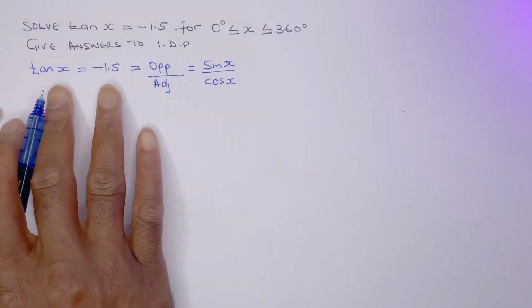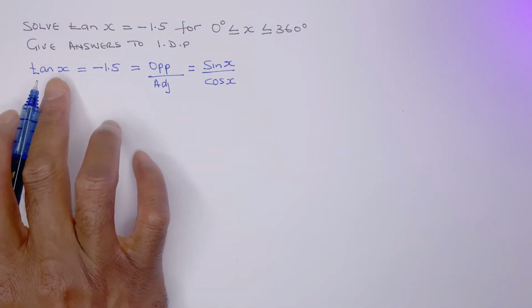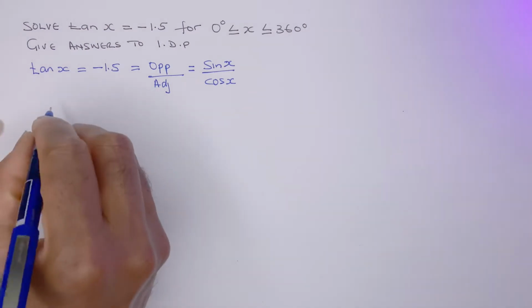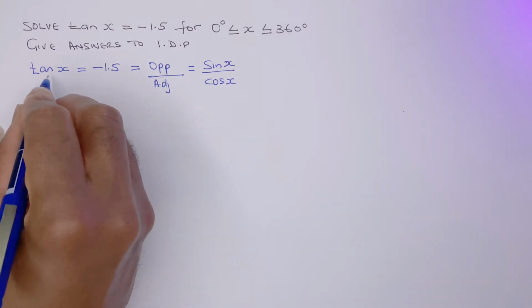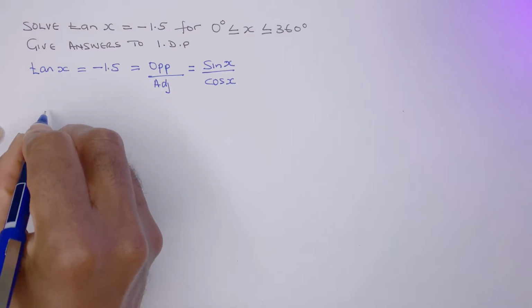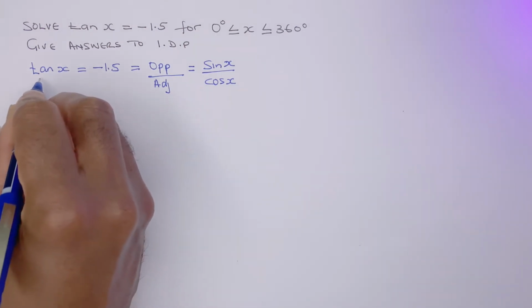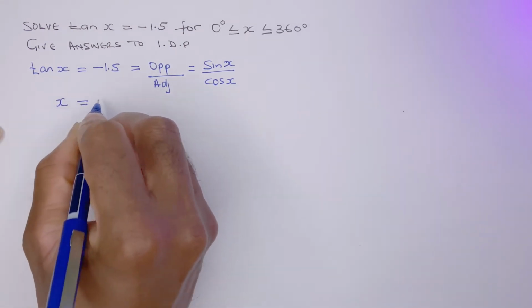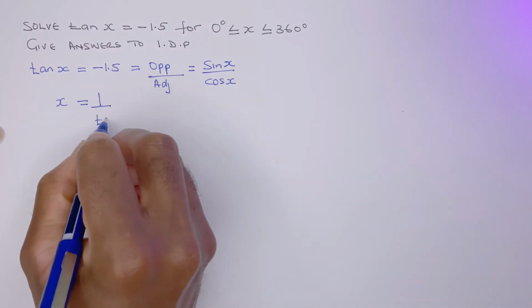So to find the actual angle we're talking about here, x, we need to divide both sides by tan. So if I divide that by tan, I get x equals 1 over tan.